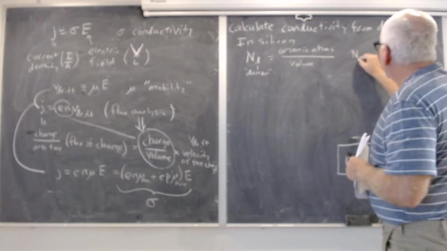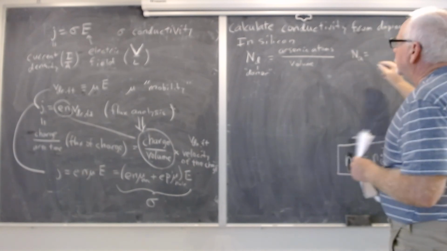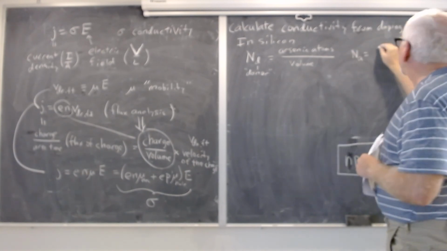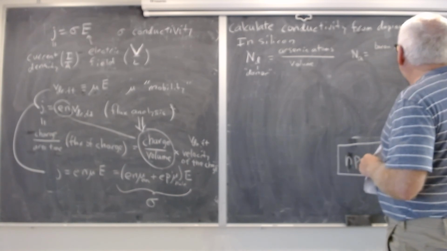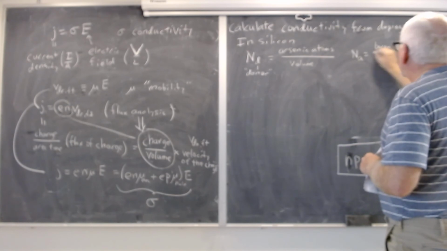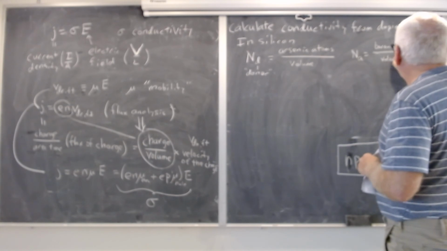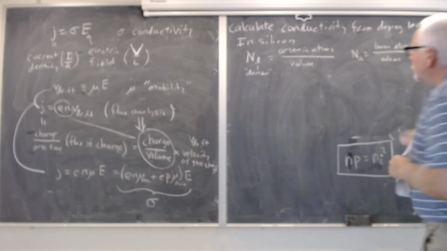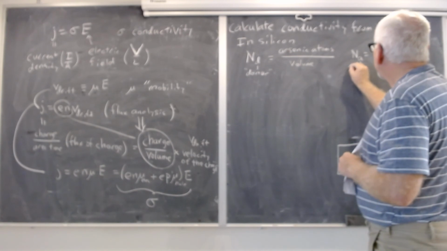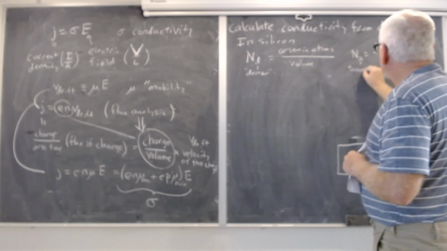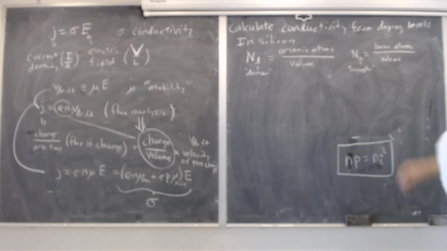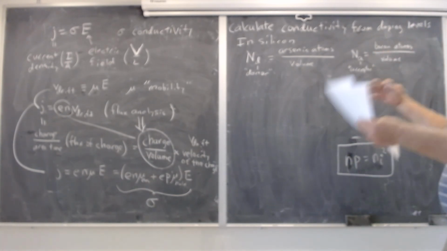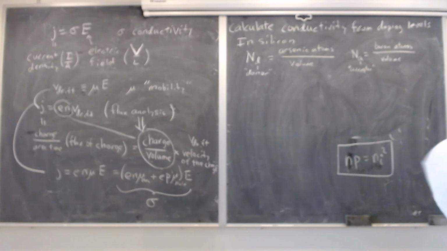And N sub A is, in silicon, the boron atoms per unit volume, and that's for acceptor, because the boron atoms act to accept a valence electron because they're missing one.